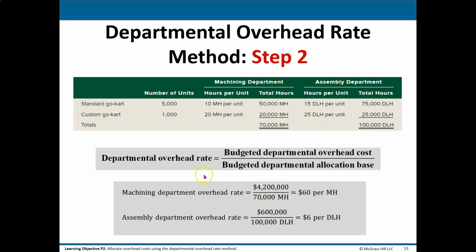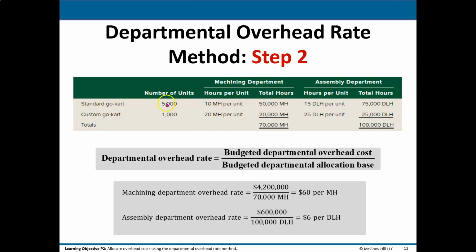So in this situation here, remember our departmental overhead rate is going to be departmental overhead costs divided by the budgeted amount of the allocation base for the department. So what we're going to do is we're going to look at the machining department first.